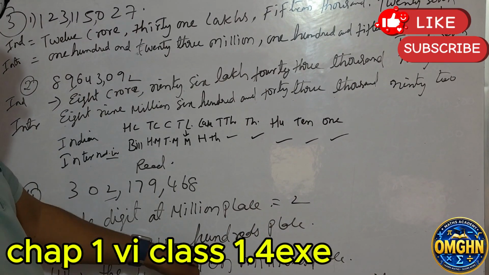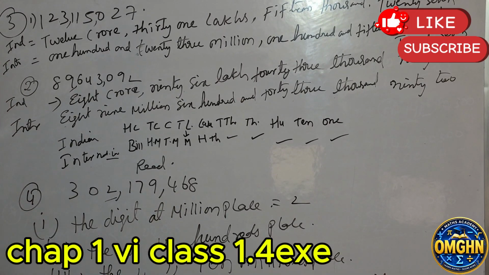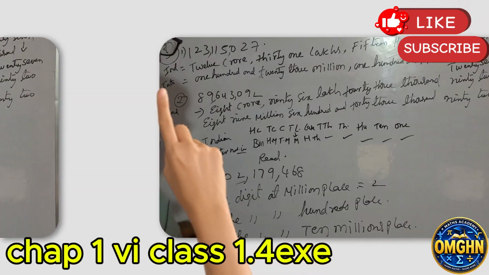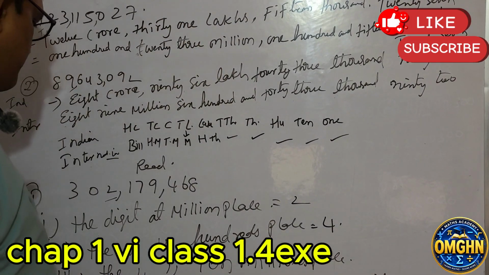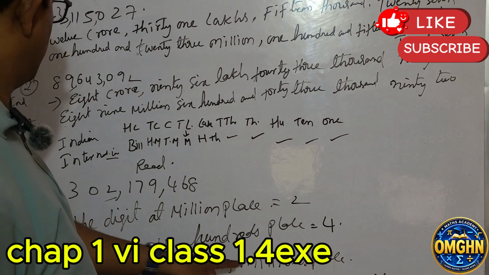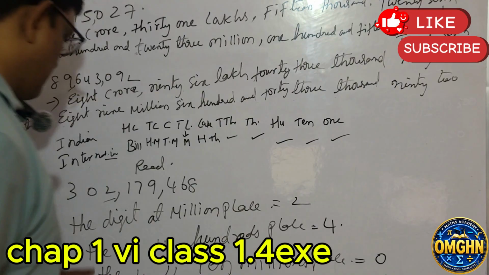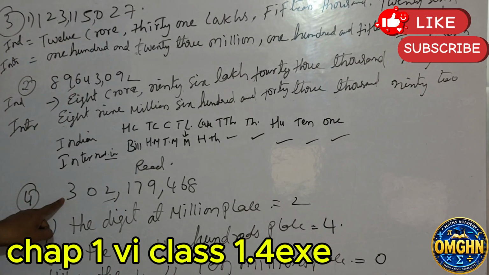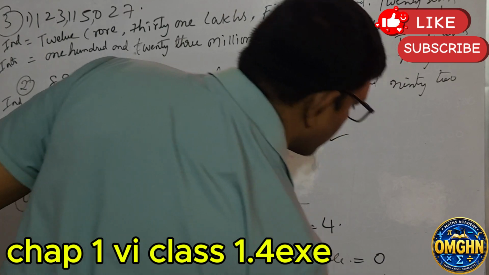The digit at 100 place is 4. 10 million is 0. How many millions are there? 302. Okay.